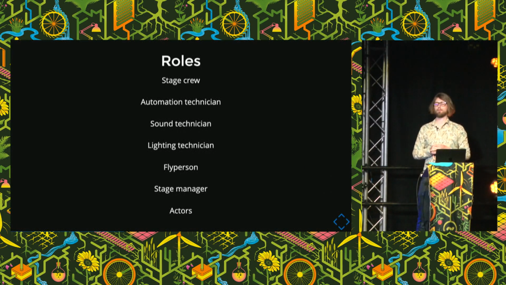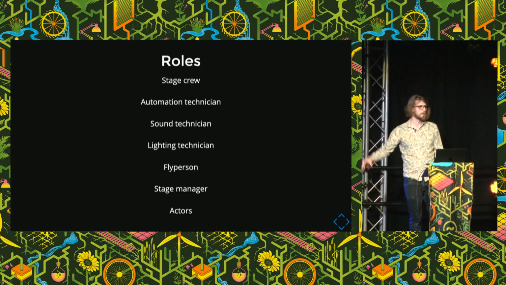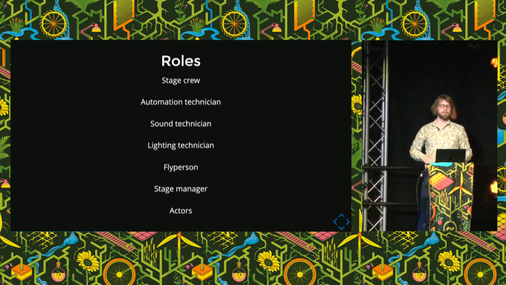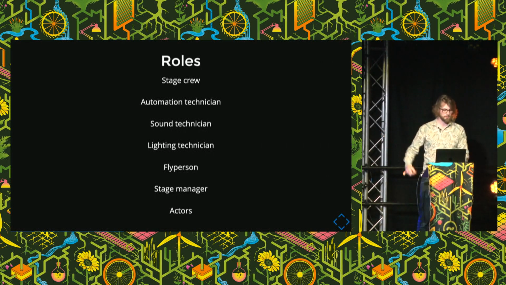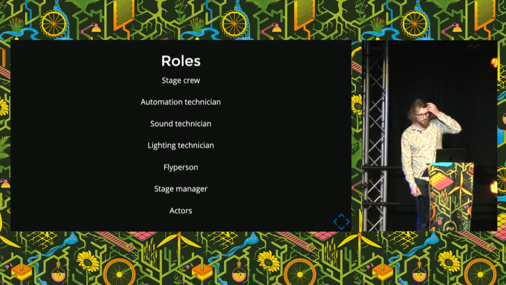And the last people you think about are actually the actors standing on stage who need the set not to fall on them and need to not be blinded, and then the audience who also need things not to fall on them, not be blinded, that kind of thing. So there's a lot of people, and they all need to be coordinated.